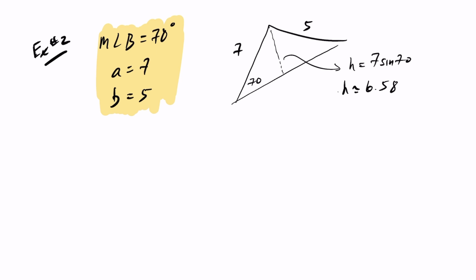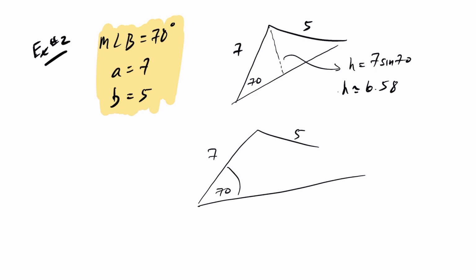So right away we have a problem. The problem is the height of my triangle is greater than this hypotenuse. If I view this as a right angle triangle, which it is, I can drop the altitude line down. I have a 90-degree angle. One of the legs of the triangle is actually larger than the hypotenuse. So that means the way I've drawn this triangle is incorrect. It probably looks something more like this, where this is 7, this is 70, and this is 5.